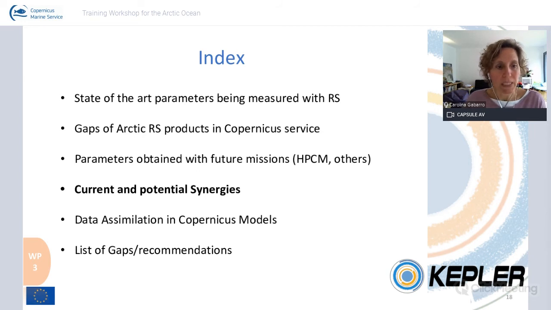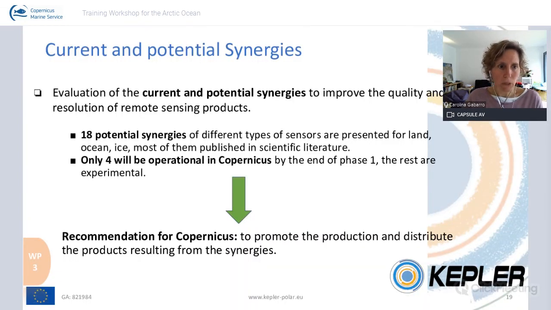The fourth section was analyzing the current and potential synergies. We evaluate what we have. We call synergies when we talk about combining information from different types of sensors and satellites to improve the parameter. And we evaluated the current and the potential synergies that we could do with the current or the future missions.